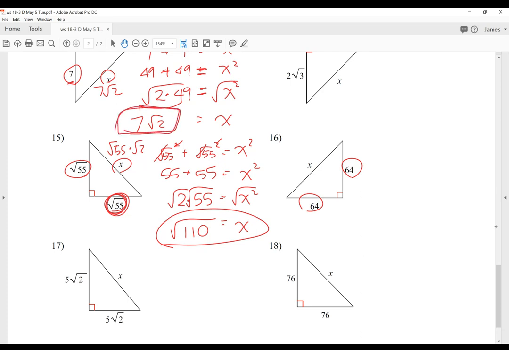But with the square root of 55, you can multiply square root of 55 times square root of 2. They're both square roots. If you multiply, you get square root of 110. Okay? So, yep, if you're not sure, just keep using Pythagorean theorem and please discover the pattern, because that's the shortcut. Okay, have fun.